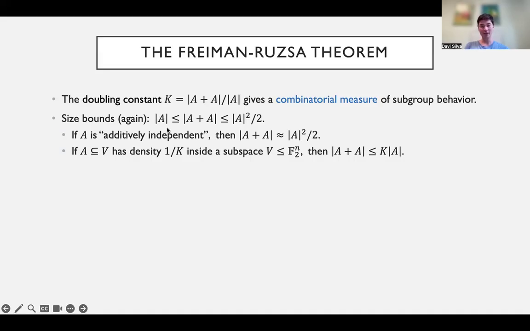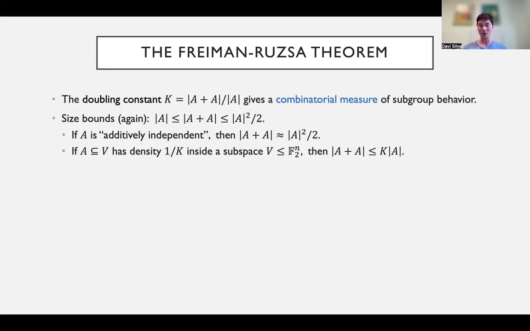However, on the other side of the spectrum, if it's closer to the lower bound, then there is a lot more structure, because the main example here is that if A has density 1 over K, where K is a constant, inside a subspace V, then A plus A will have size at most K times the size of A.